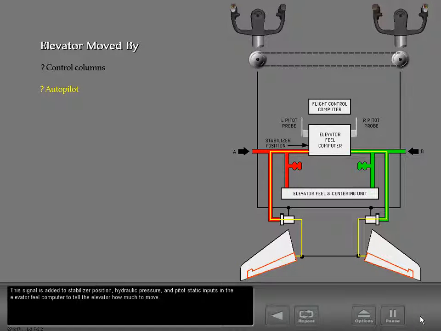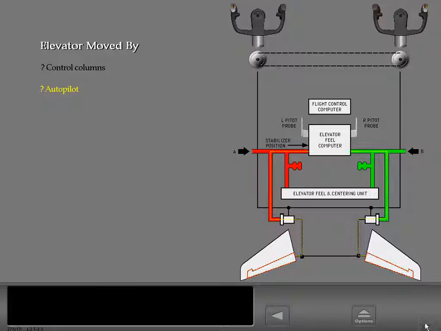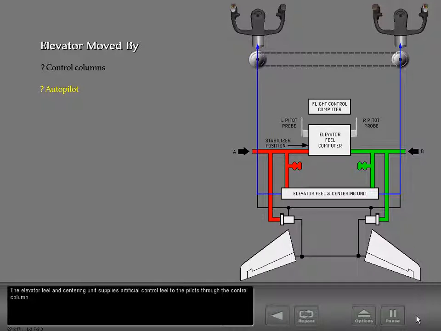This signal is added to stabilizer position, hydraulic pressure, and pitot-static inputs in the elevator feel computer to tell the elevator how much to move. The elevator feel and centering unit supplies artificial control feel to the pilots through the control column.